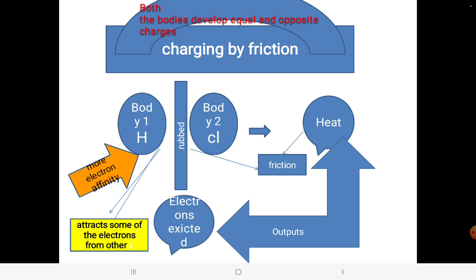The input is heat energy, then because of the heat energy the output, the arrow mark is showing, is that electrons get excited. Clear? Actually from hydrogen, the hydrogen will lose some electrons, and the chlorine will capture those. The capacity of losing electrons is known as the electron affinity. Then the chlorine will attract some electrons from the other, that means from hydrogen.